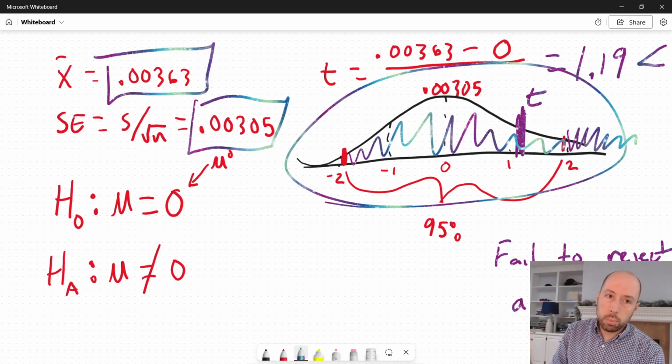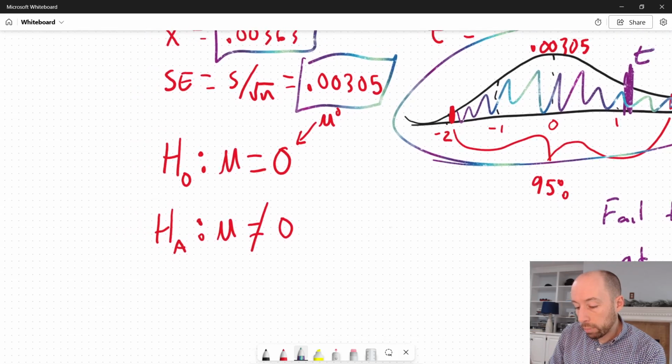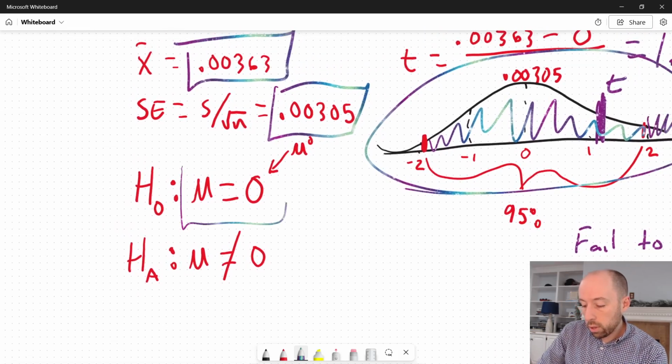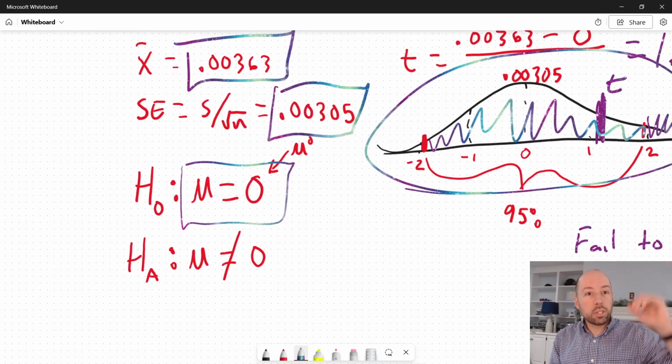And this is a good example because perhaps I don't care whether the stock is not growing. I care whether it is strictly increasing, or perhaps it's zero or decreasing. I would just add a little inequality to the null hypothesis over here, and then I've got a bit of a change. So there's that.